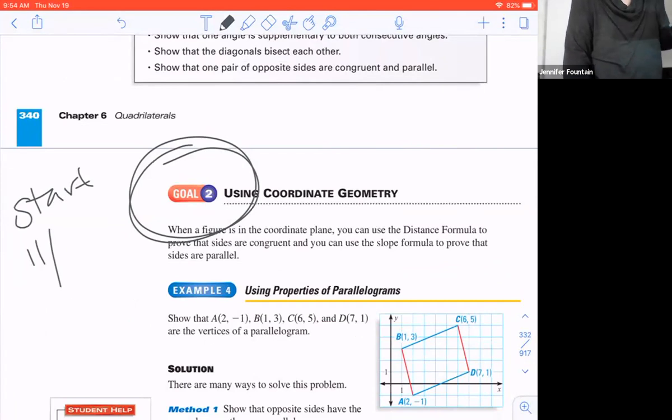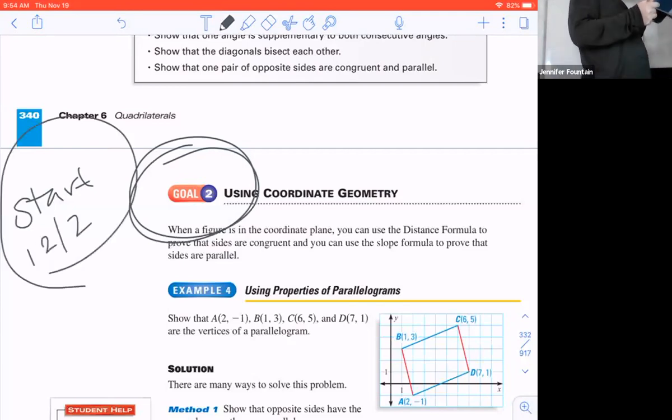Okay, so December 2 in class, we're going to start by going back to Goal 2, using our coordinate geometry to prove that a figure is a parallelogram. Okay, so we'll start here.